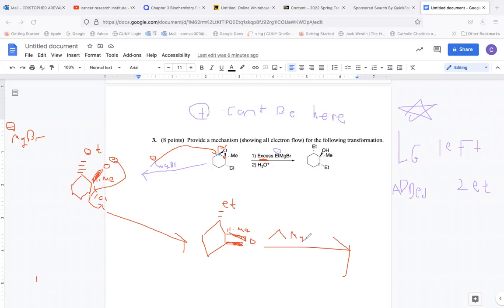MgBr. For clarity, let's use another color, I guess. Okay, this minus, it's going to come. Boom, boom, there we go. And we're almost at the finish line.